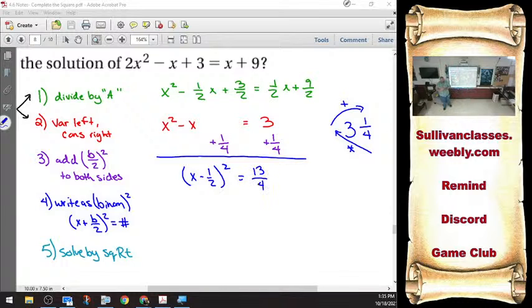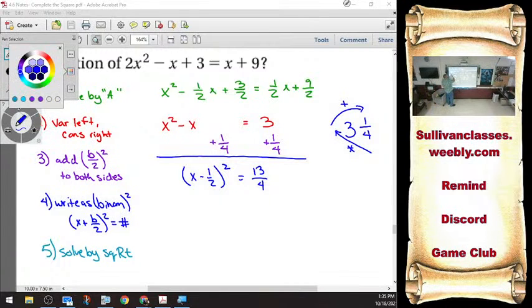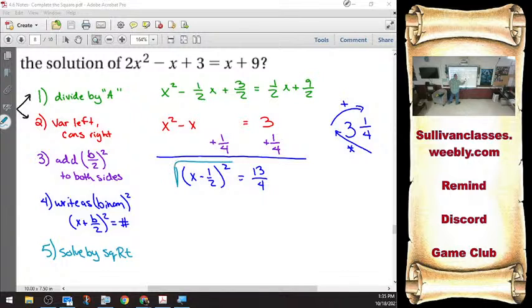Now there's a benefit to leaving it as a fraction. If you call that 3.25, you're going to have some problems on your hands. But if I leave it as a fraction, look at what happens when I square root. The square root of a fraction is a fraction of square roots.